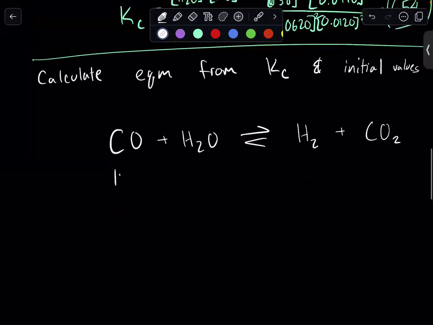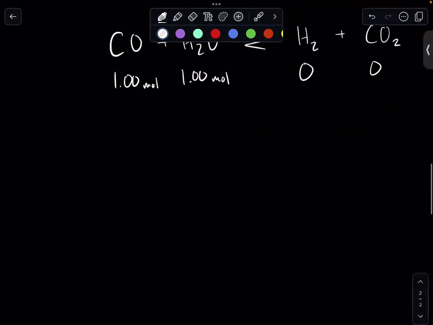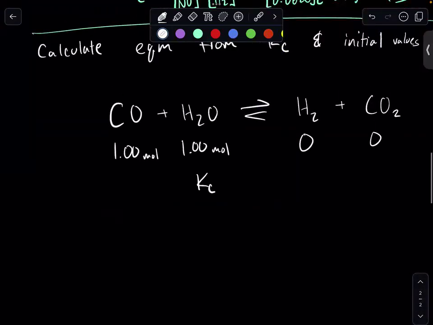And normally in the DP exam, you'll have many more sig figs. So we'll say 1.00 mole of each. And we put them in a reaction vessel. We have 0 moles of hydrogen, 0 moles of CO2, and we have a Kc value of 10.0 at a given temperature of 693 Kelvin.